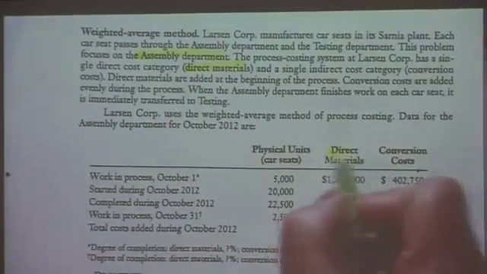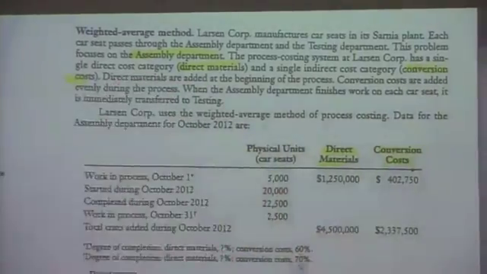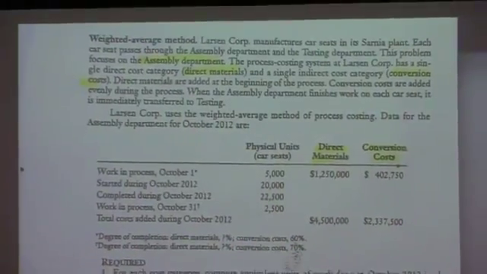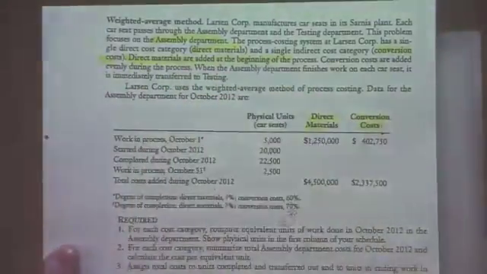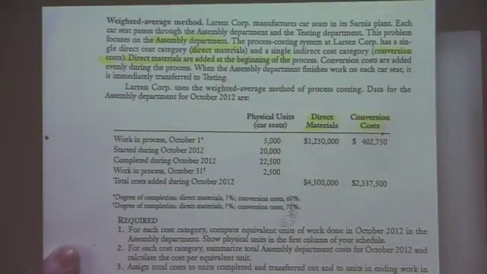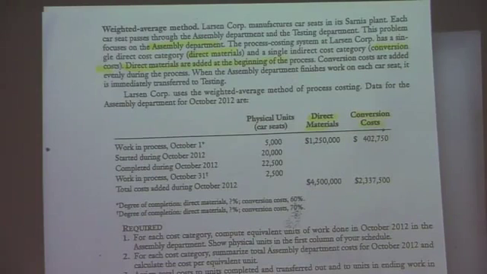So there's really only two categories of cost. Direct materials are added at the beginning of the process, and the conversion costs are added evenly during the process. When the assembly department finalizes work on each car seat, it immediately transfers to the testing department.